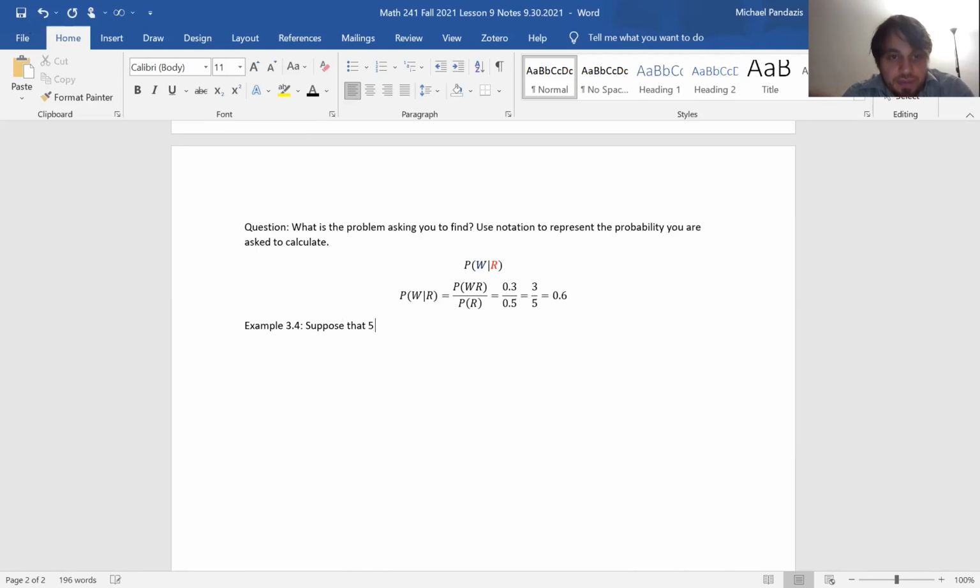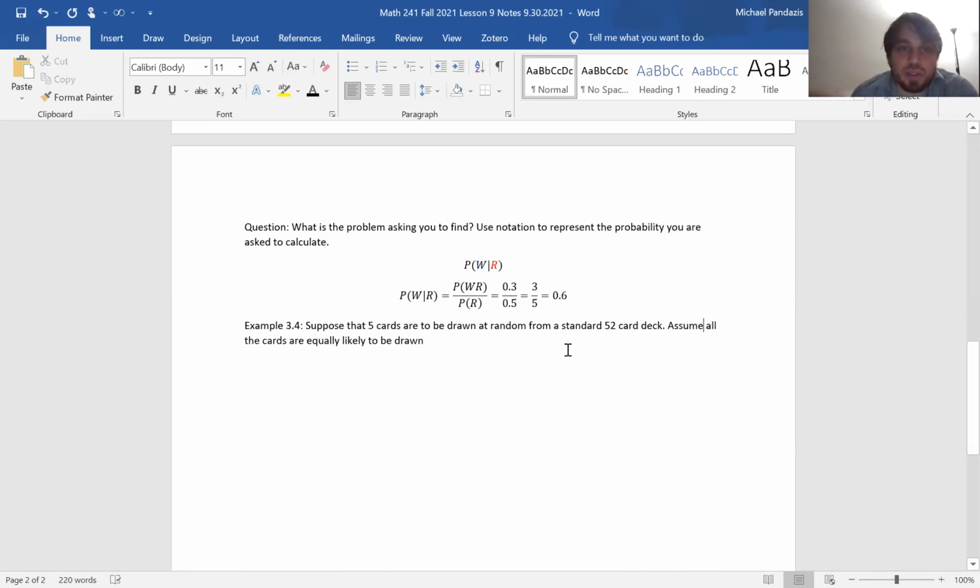Suppose that 5 cards are to be drawn at random from a standard 52 card deck. If all the cards are equally likely to be drawn, just assume all the cards are equally likely to be drawn.